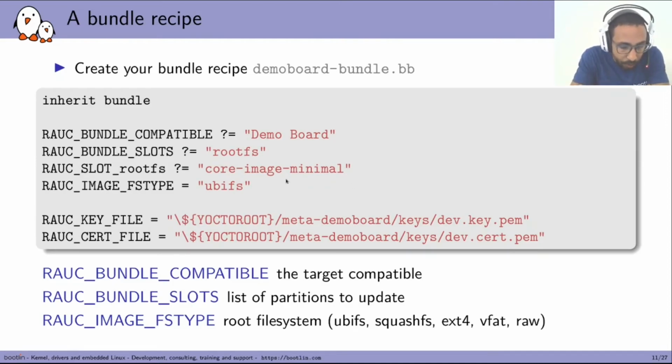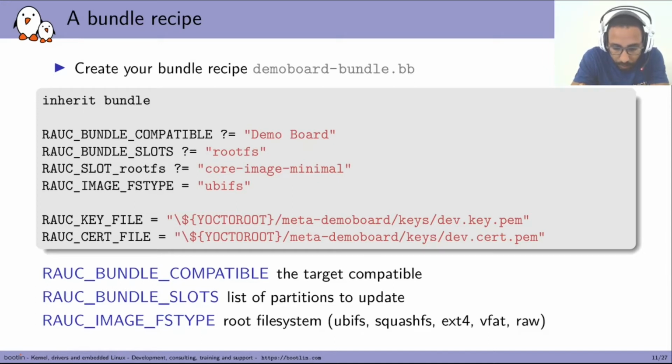So the next step is to create a bundle recipe. This is the place where we describe what we will find later in the manifest file. Here we define the target that is compatible with our image. In this example, I have only one slot defined, but of course you can add as many slots as you need.